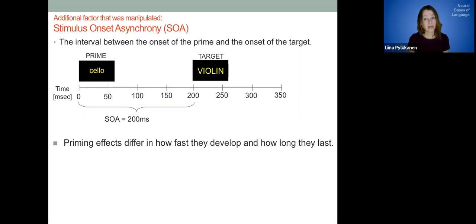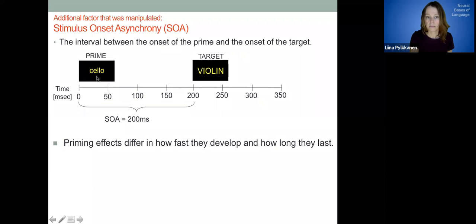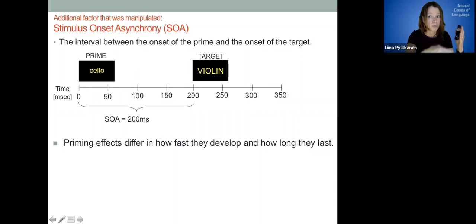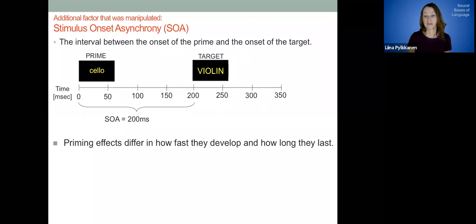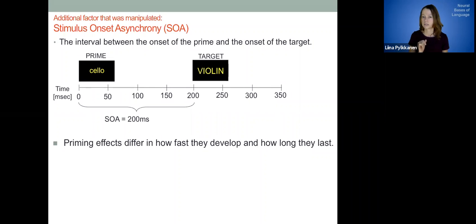The reason for that is that priming effects differ in how fast they develop, so how quickly you can get the priming effect after the onset of the prime. Can you give the target super quickly after the onset of the prime and observe the priming effect? And also how long they last. Some priming effects die quicker than others. And we'll learn more about that later.